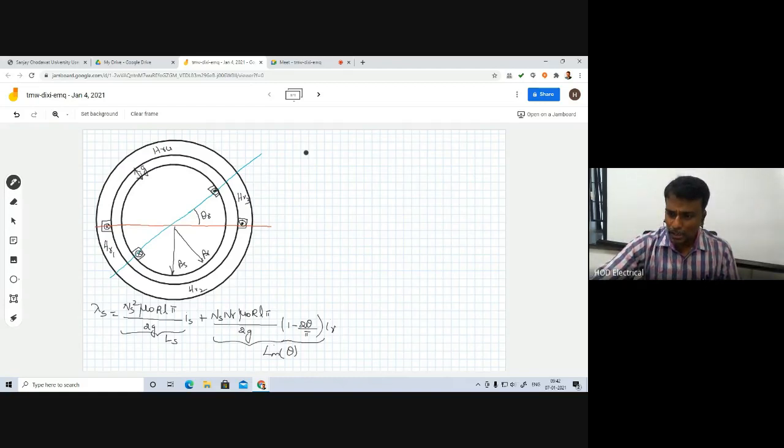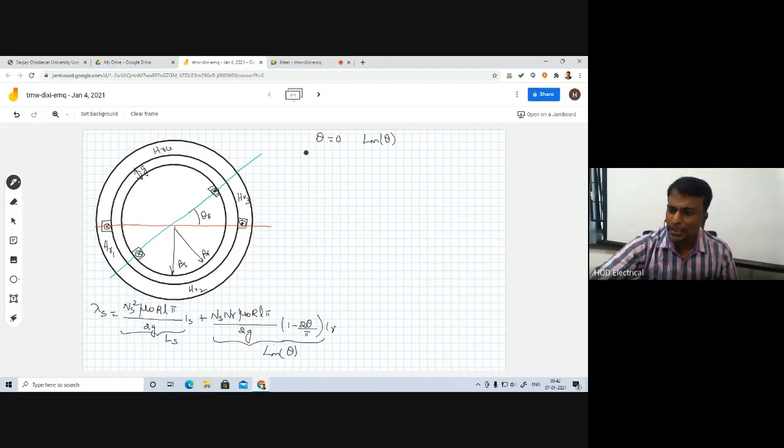Now accordingly, whenever theta equals 0, this stator inductance is constant. There is no variation with angle; it does not depend on the rotor angle.